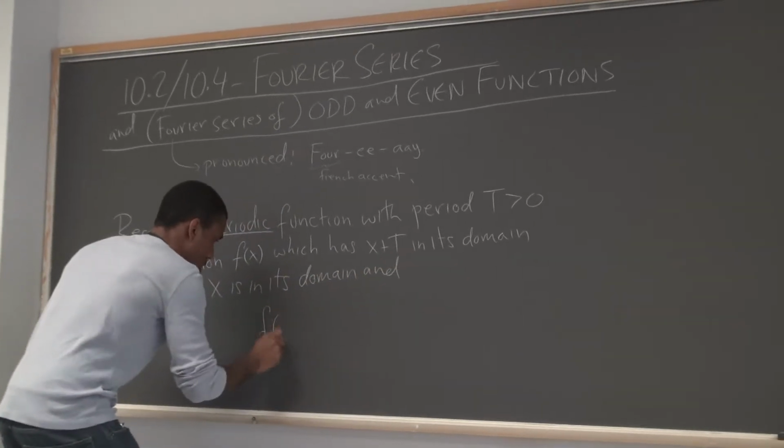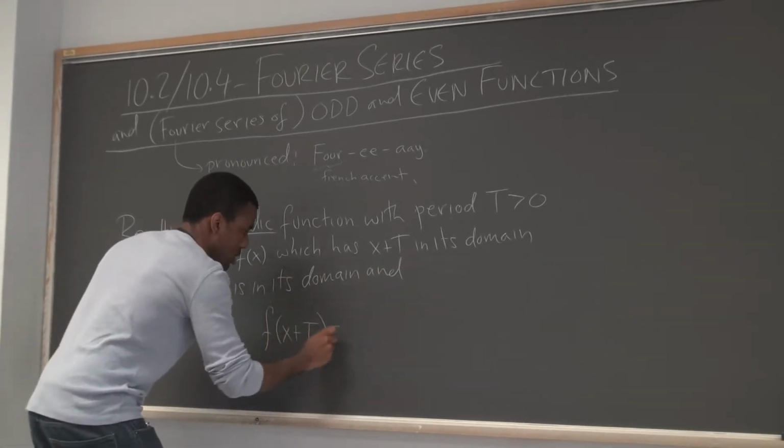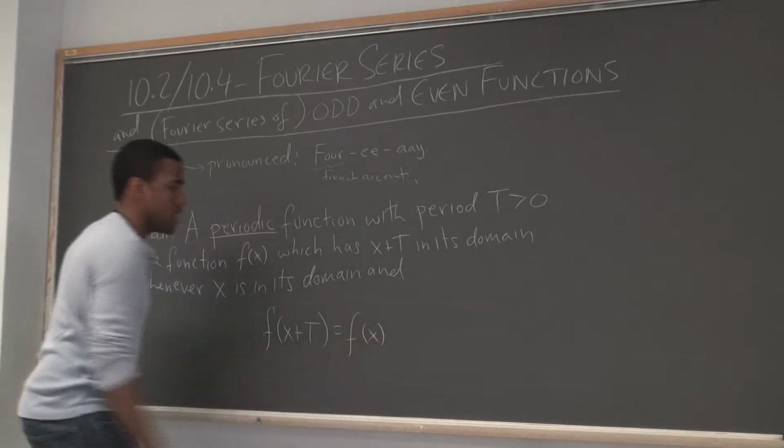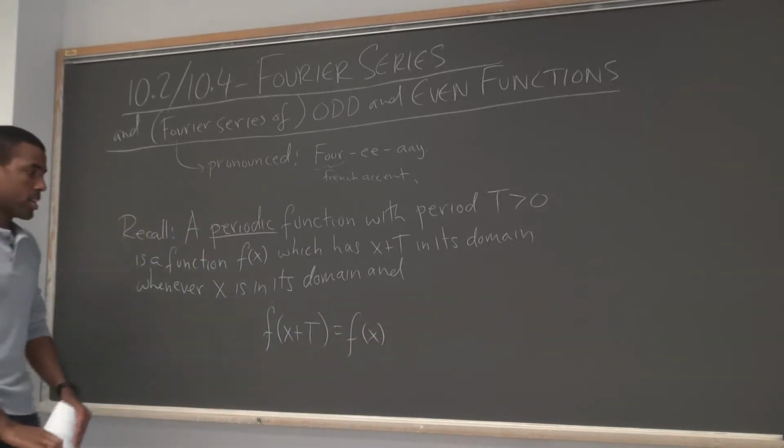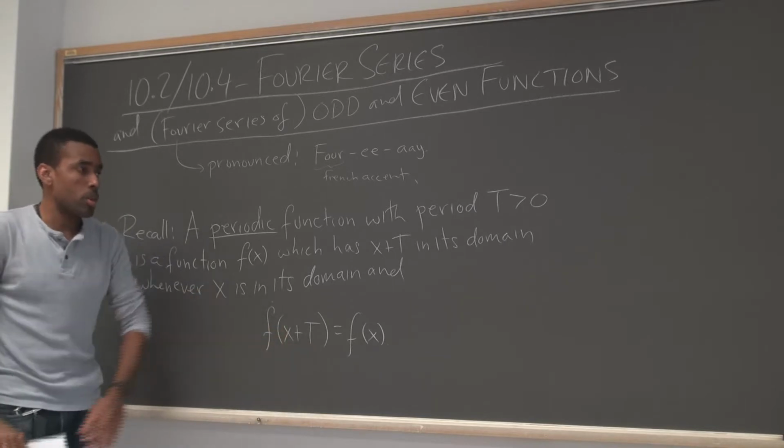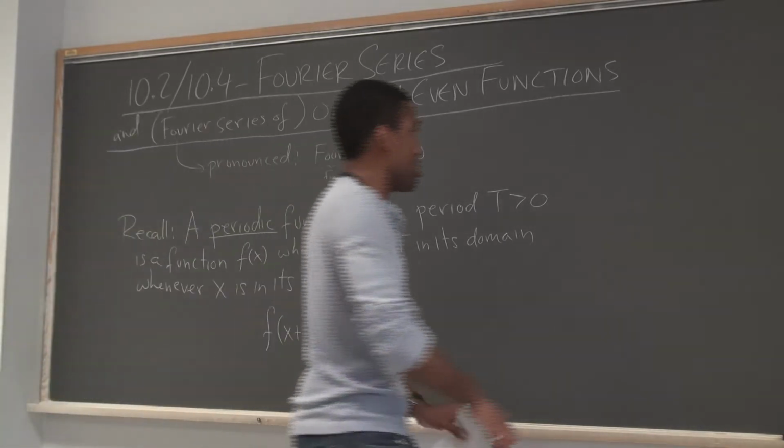And f of x plus T is just equal to the original value of f of x. Right? So for sine and cosine, of course, big T, well, there are several T's that will do this for any periodic function.